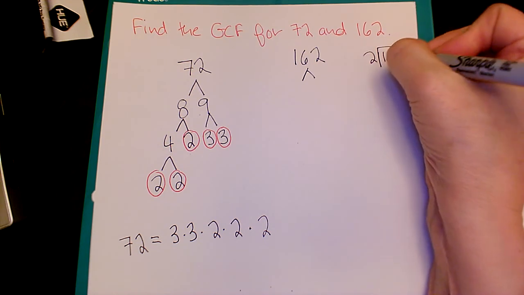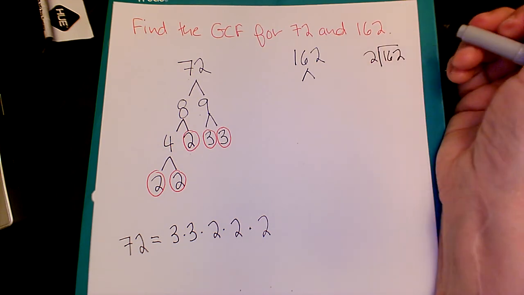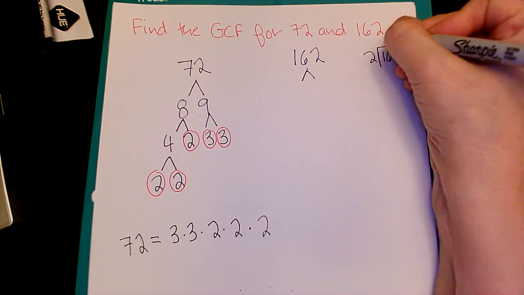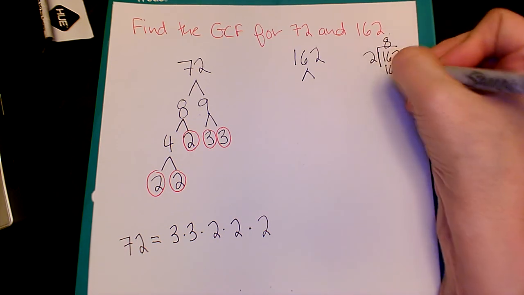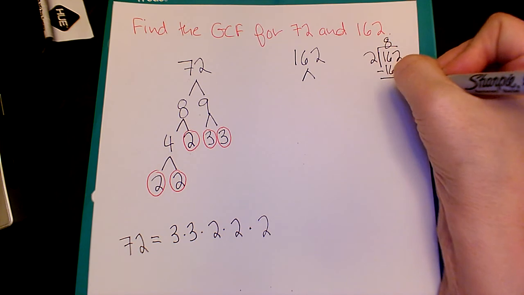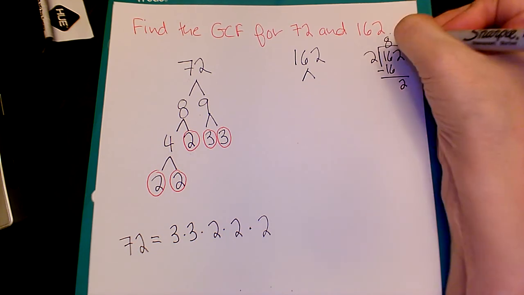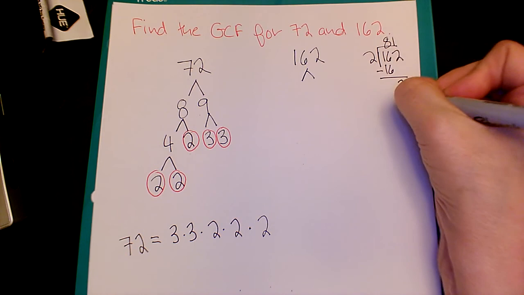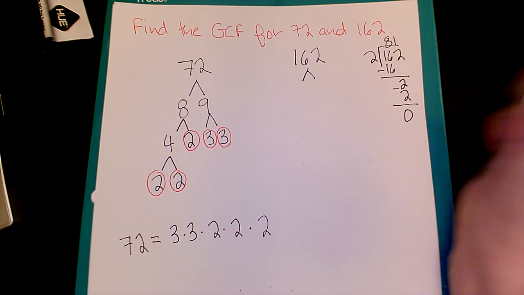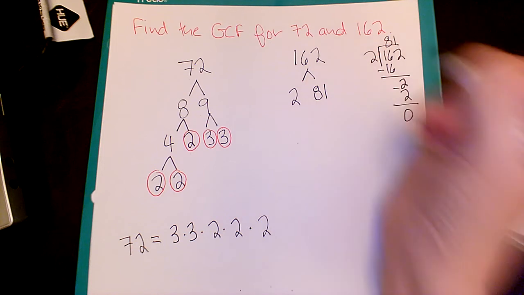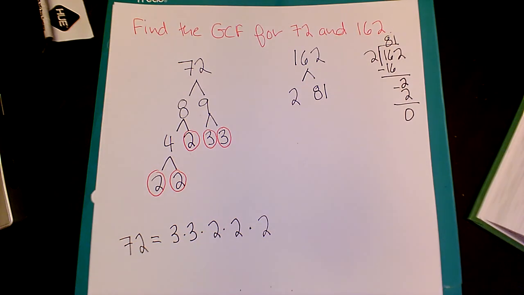So you could use your calculator, or we can just do long division. 2 goes into 16 8 times, with a remainder of 2, and 2 goes into 2 once. So 2 times 81 is 162.